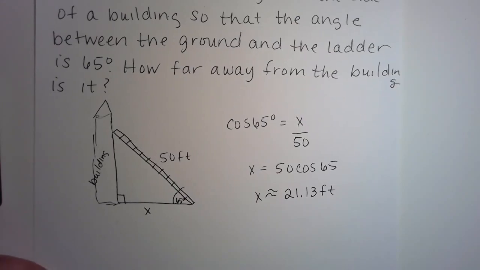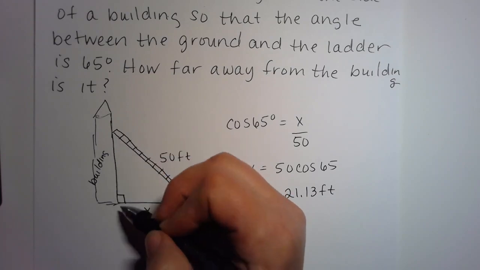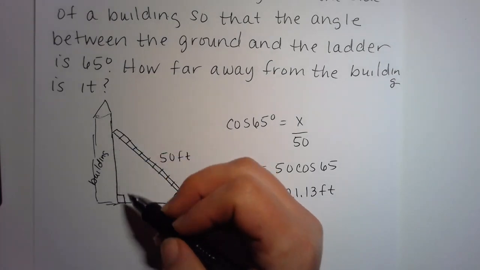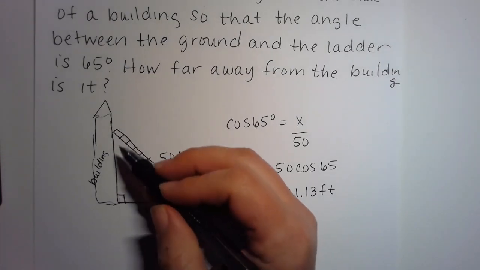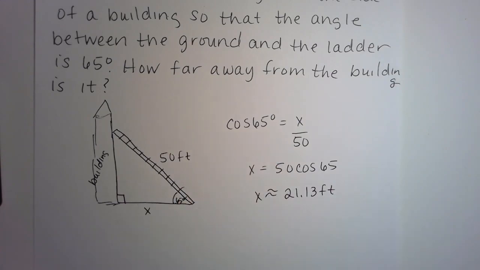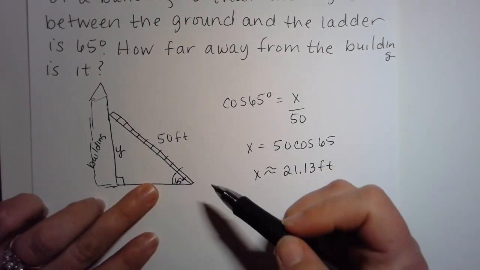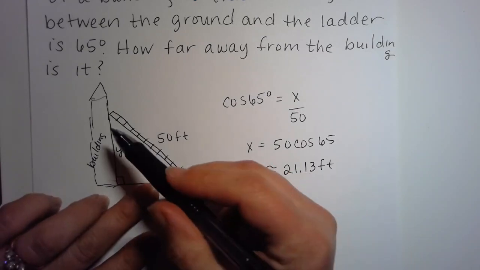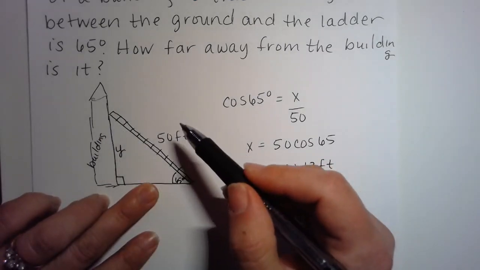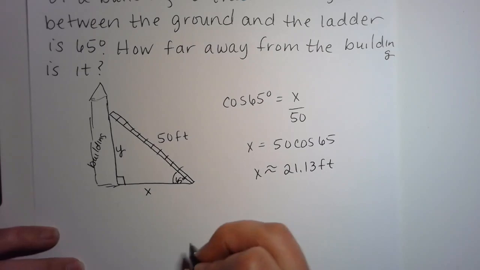Now what if I wanted to know how far up the building, how many feet is this between the ground and the ladder? Like if I fell off, how many feet straight down to the ground is that going to be? Okay, so we'll just call this side y. Since we're here, we might as well do that too. So this time we're just going to ignore x. So this time we have the angle, the opposite side, and the hypotenuse. So that means we have sine.